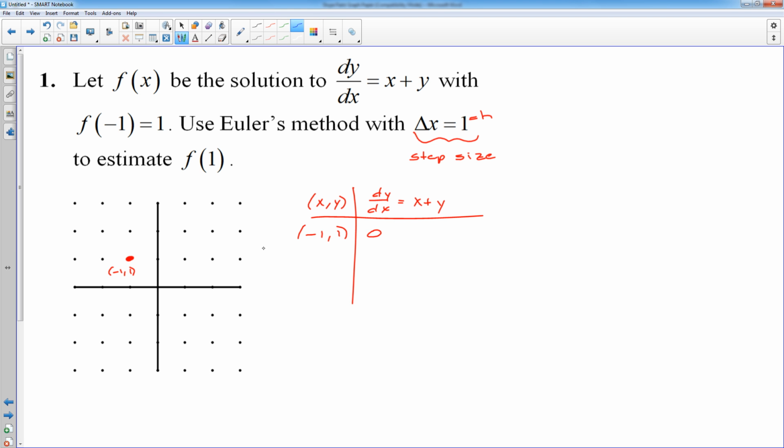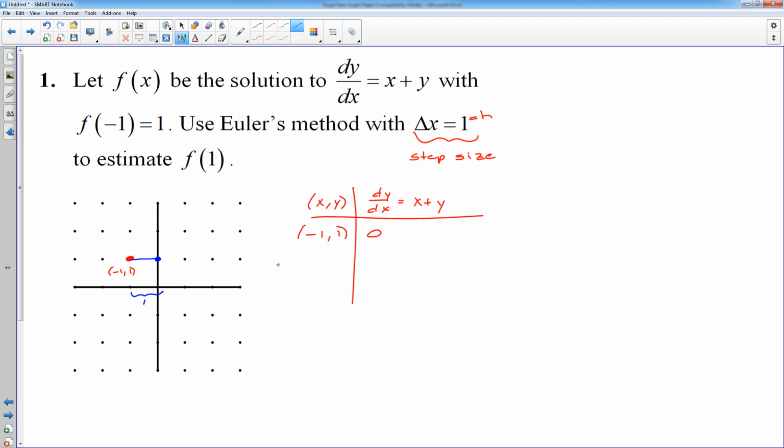So what I know about my function is that at this point we have a slope of 0. As inaccurate as it is, we will assume we carry that slope, and we're using a change of x of 1. So I'm going to carry that slope all the way over for a length of 1, since that was my change in x, and I am now at the ordered pair 0, 0.